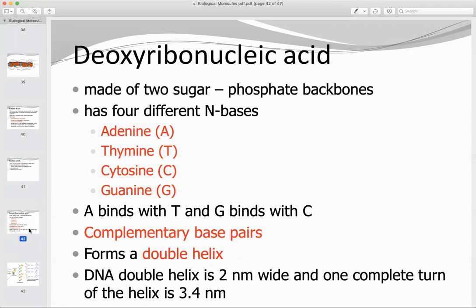You should familiarize yourself with the rules of complementary base pairing. Things can go awry sometimes, and that's what we get when we have mutations. But in nature, A pairs with T and G pairs with C.